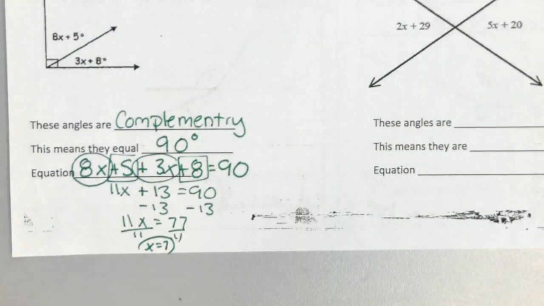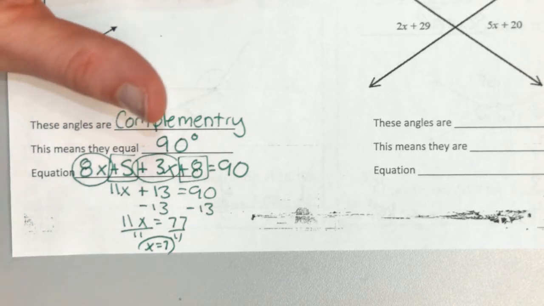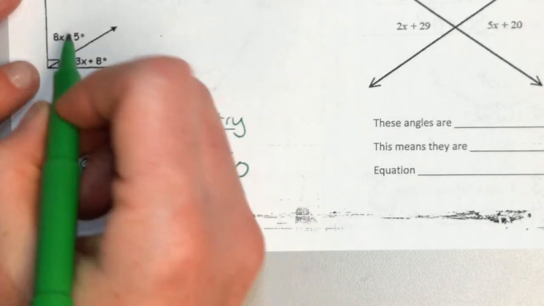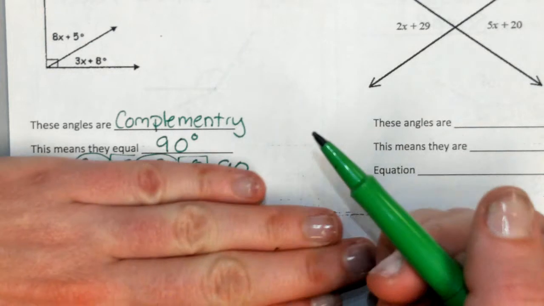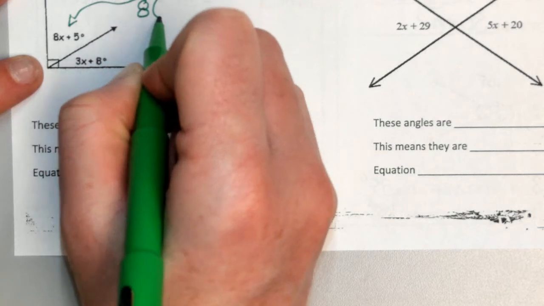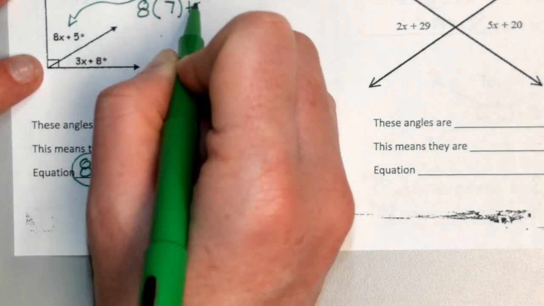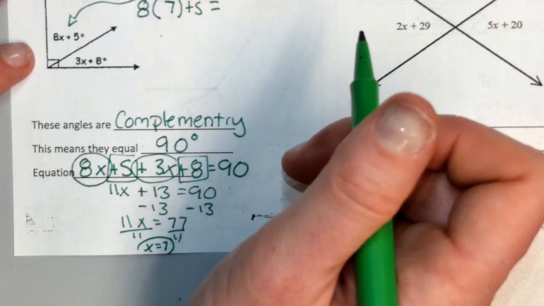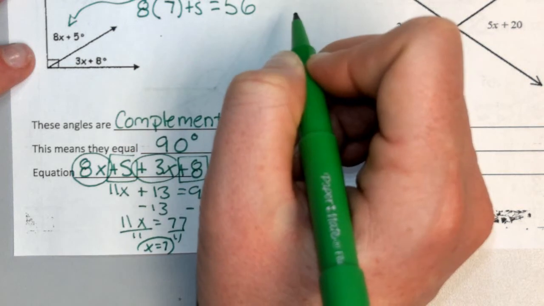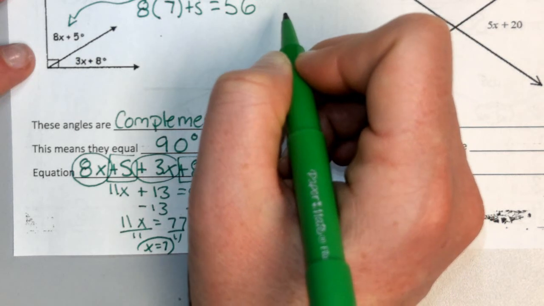That's step 1. It says solve for x, which we did, and then find the measures of the missing angles. So what should we do with 7 to find out what these angles are? So we're not going to do this equation again. 8 times 7 is 56 plus 5.